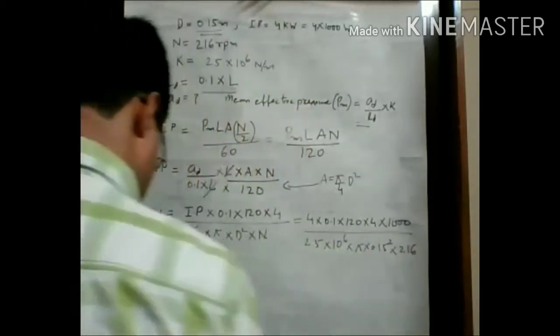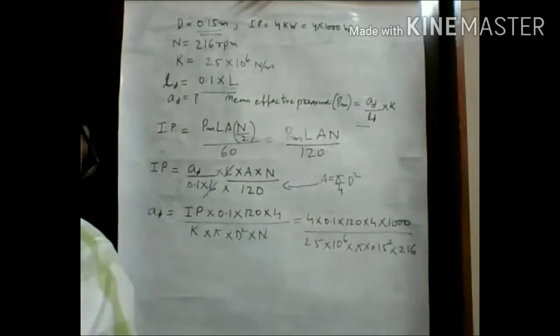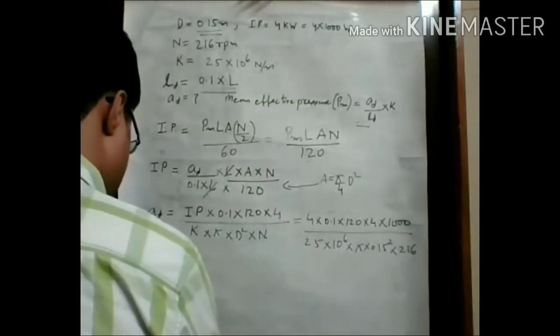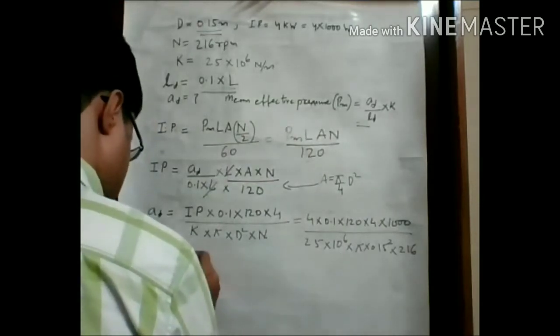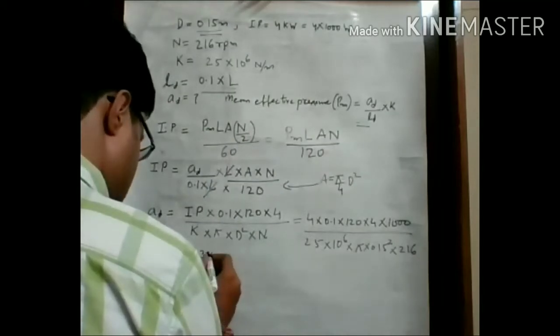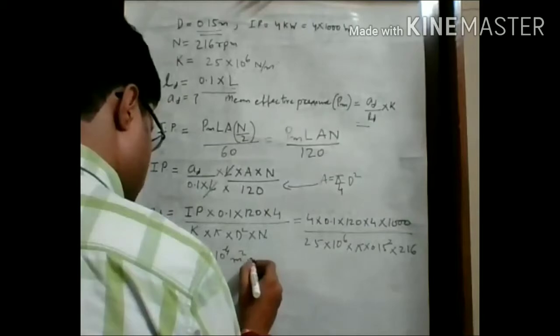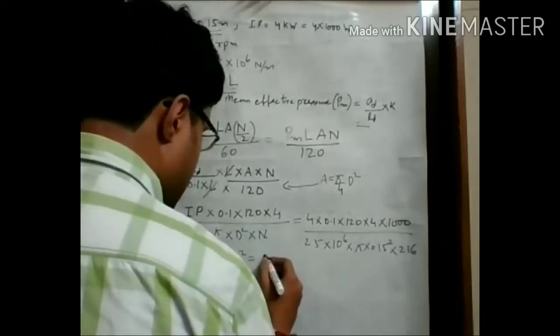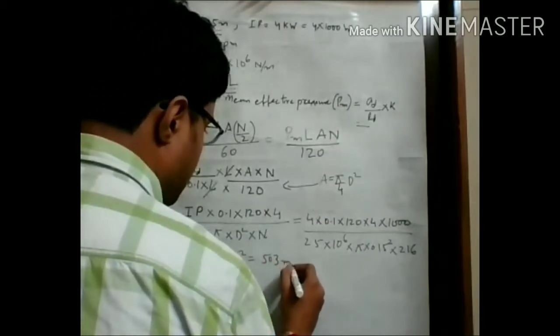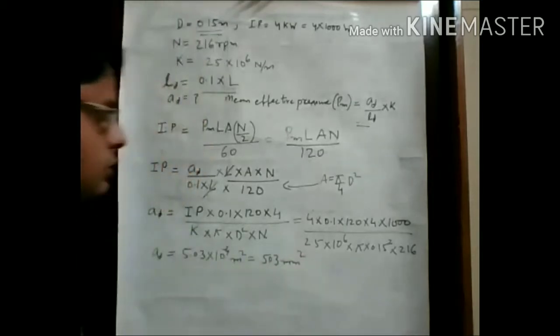If we solve this expression, we get this A_D value: 5.03 into 10 to the power minus 4 meter square, or you can rewrite this as 503 mm square.